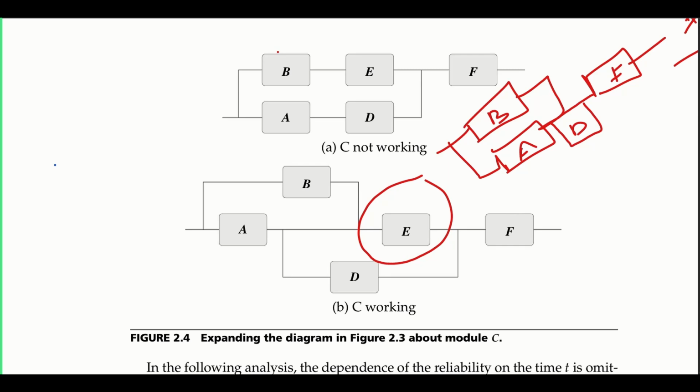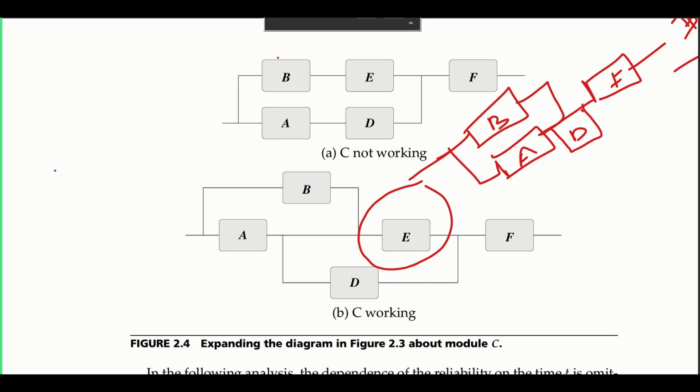Now, two things you have to take note of. When you look at this diagram carefully, you realize that D is not connected across anything, right? It's not connected across anything. So essentially it's like a node connected to itself. So you can remove it from the diagram.